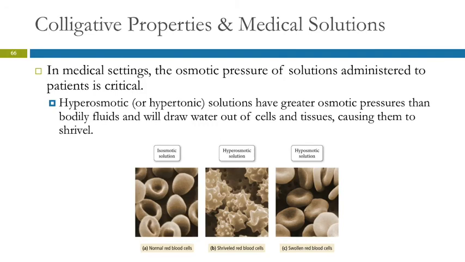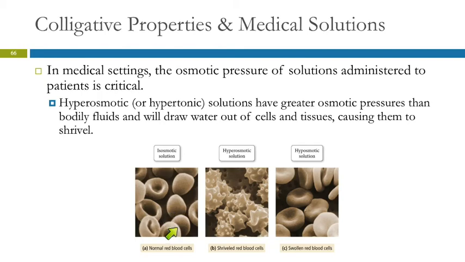So osmotic pressure is really important in medical settings. Here are some photographs, well, I think they're electron micrographs, of blood cells. Normal red blood cells have a donut appearance.